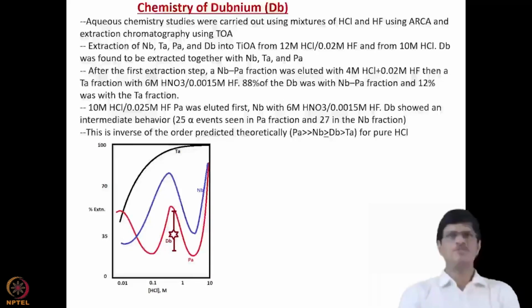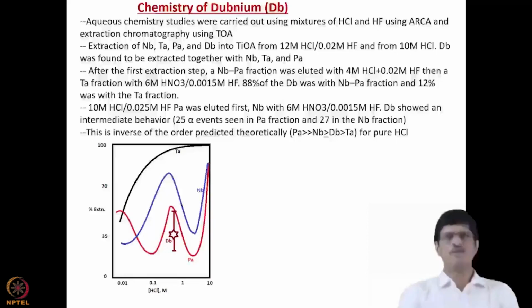In this case, dubnium was found to be extracted together with niobium, tantalum and protactinium. That means all 4 elements were extracted together. But after the first extraction step, the niobium and protactinium fraction was eluted with 4 molar HCl and 0.02 molar HF, and the tantalum fraction was eluted with 6 molar HNO3 and 0.0015 molar HF.